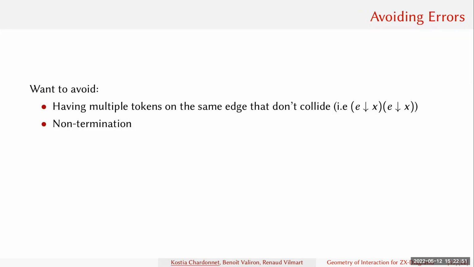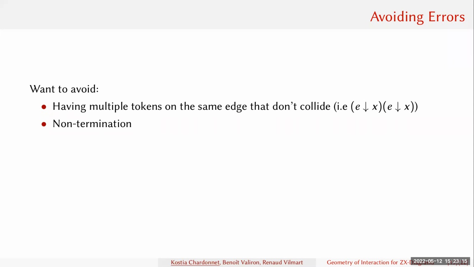But this is not enough to say that you have a system that computes something interesting. In fact, there are multiple things you want to avoid. The first one being multiple tokens on the same edge that do not collide. So for instance, if you have some edge E, you can have two tokens on the edge E going down in the state X, and so they will not collide.